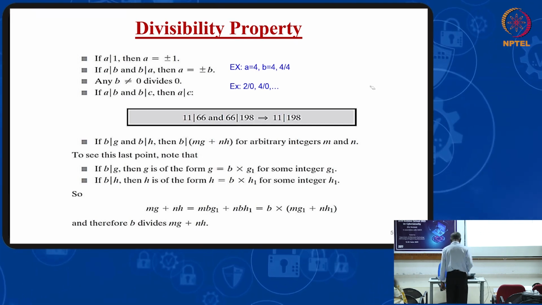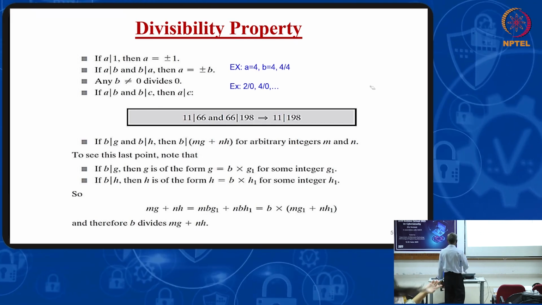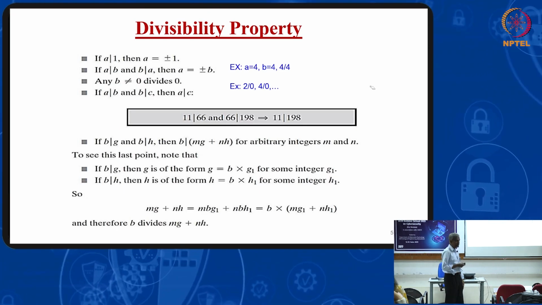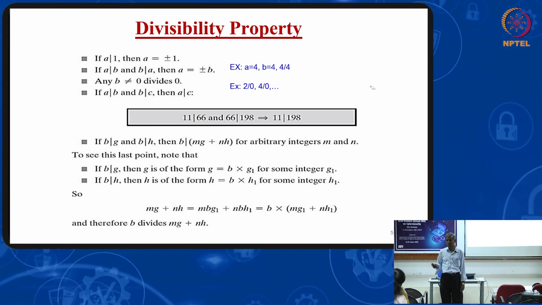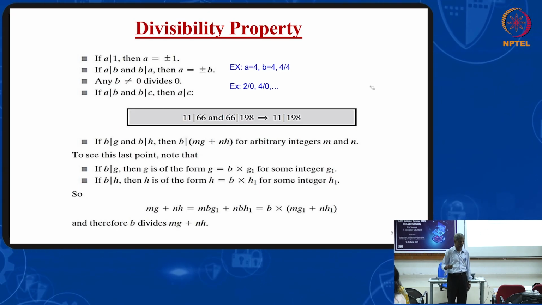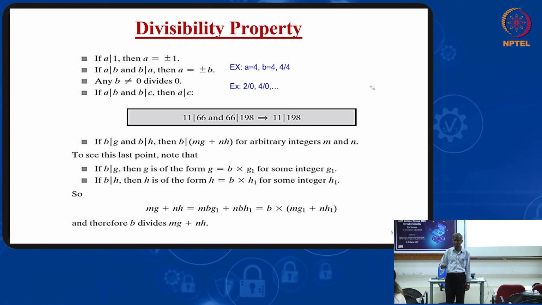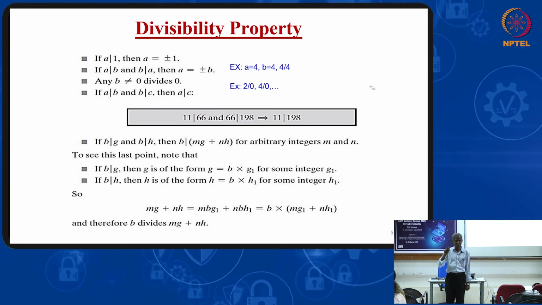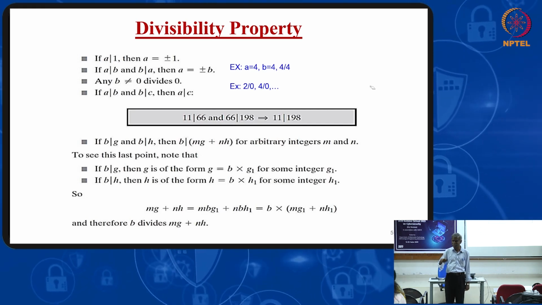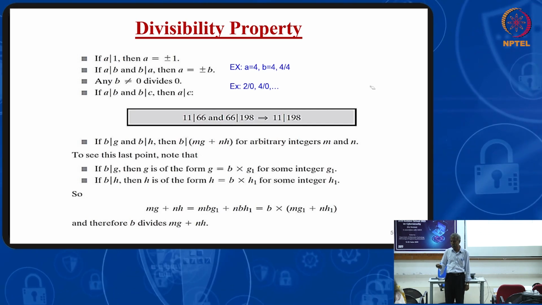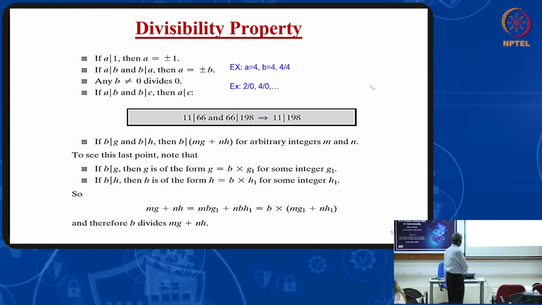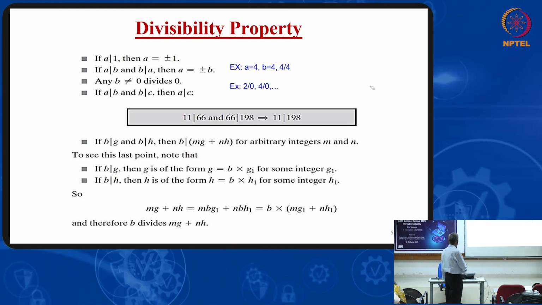Now divisibility properties. If A divides 1, then A should be either plus 1 or minus 1. Then only A can divide 1. Which number can divide 1? Either 1 or minus 1.